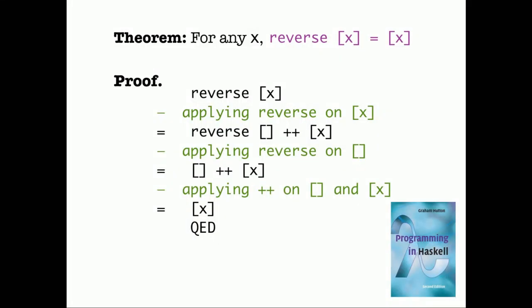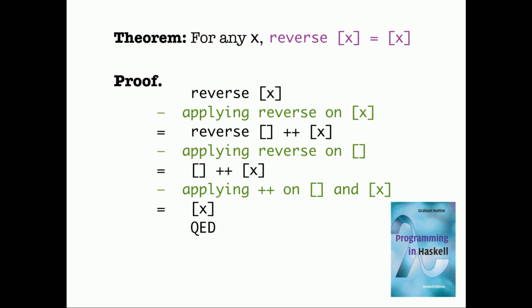We ported all the theorems of Graham's chapter in LiquidHaskell, and today we're going to see two of them. In this first theorem, what I'm stating is that for any element x, if I reverse a list that contains exactly one element x, I get back the same list, the list that contains exactly one element.